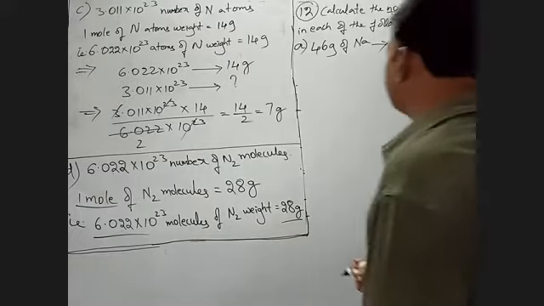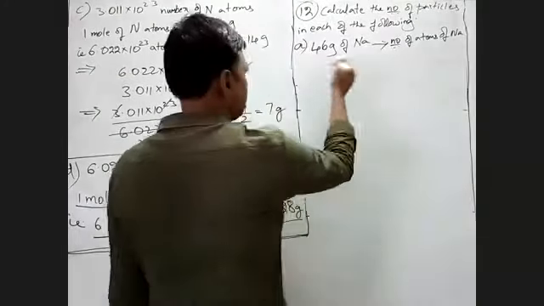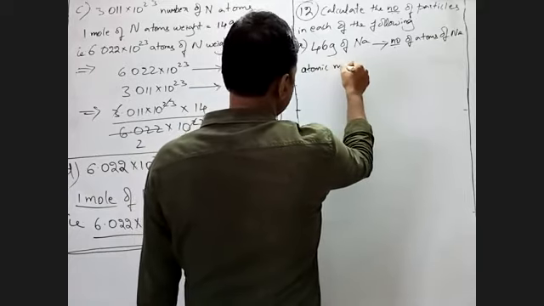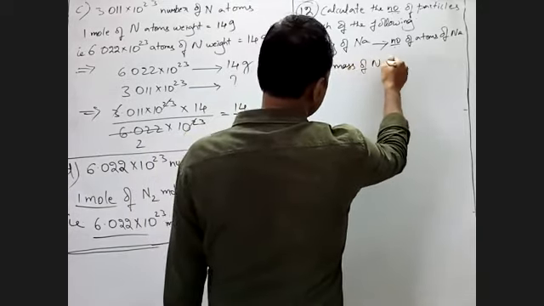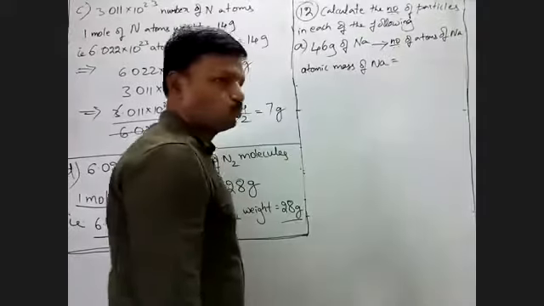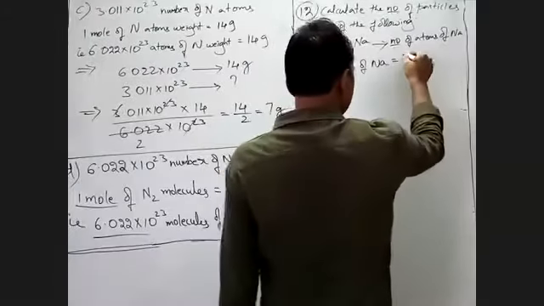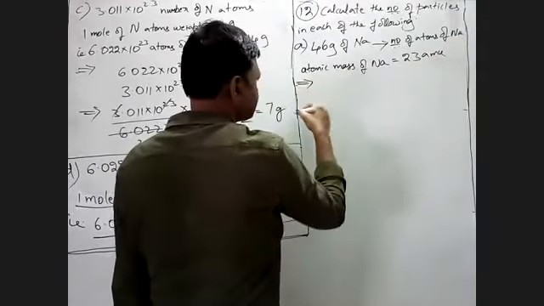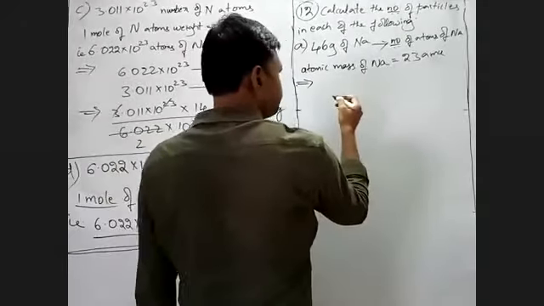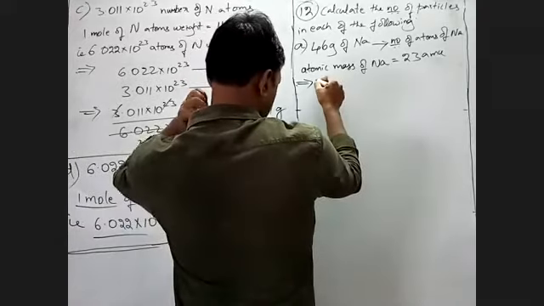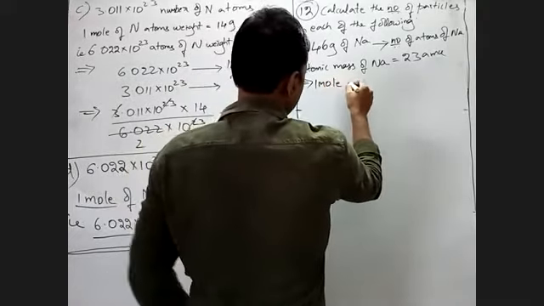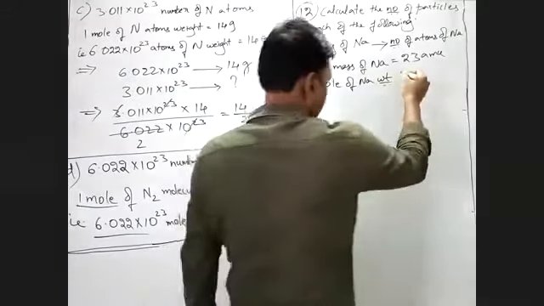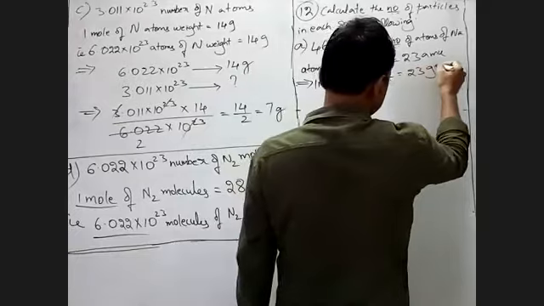Let us see how many moles it is. Atomic mass of sodium equal to 23 AMU, which implies 1 mole of Na weighs 23 grams.